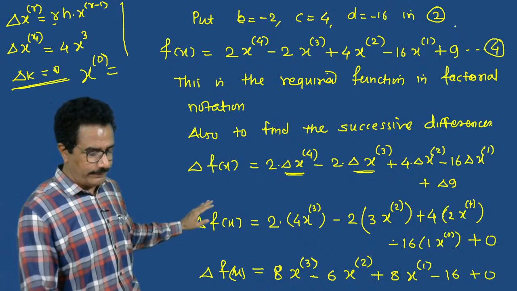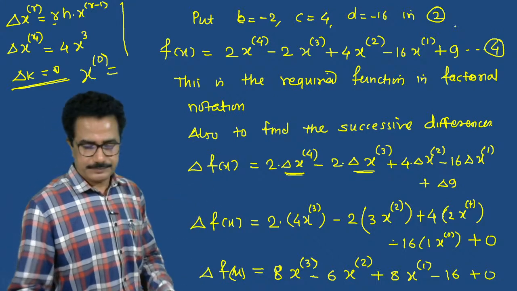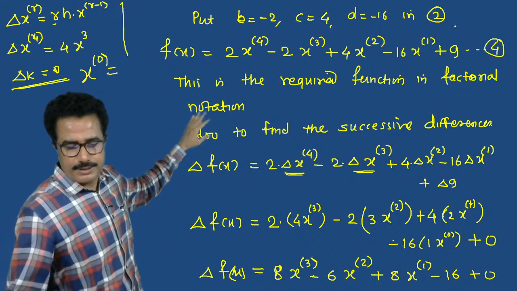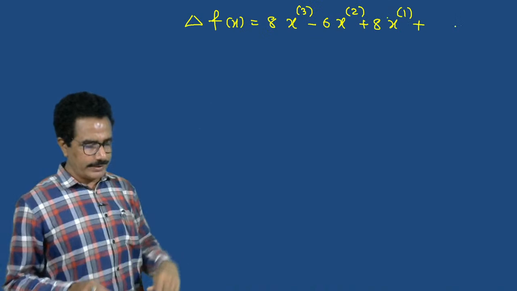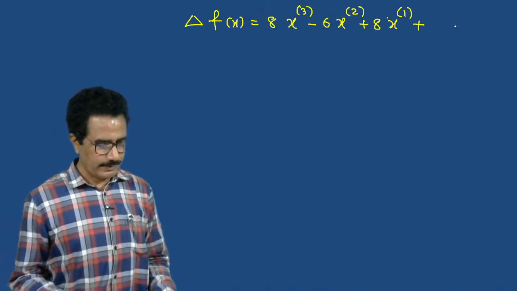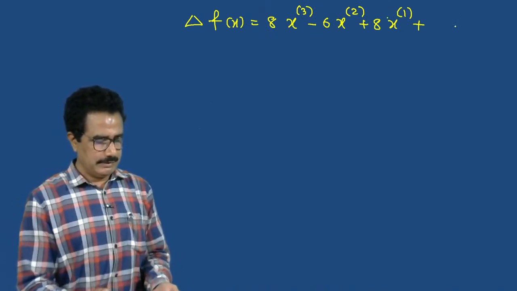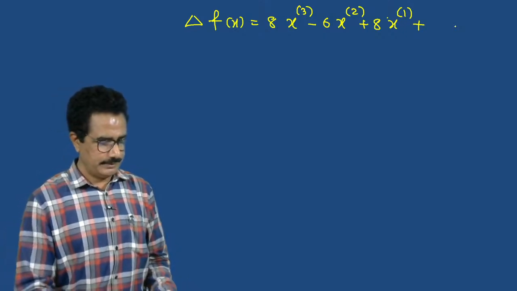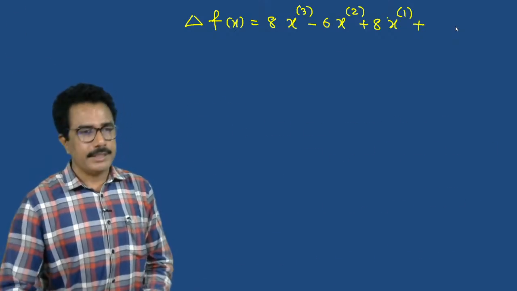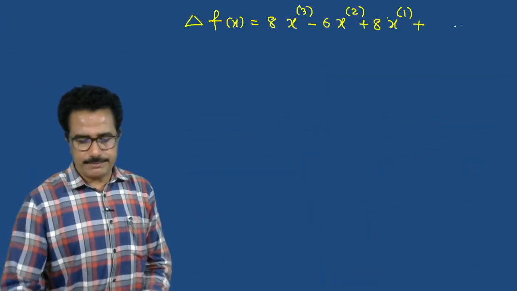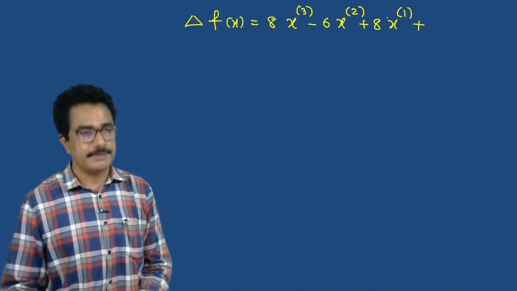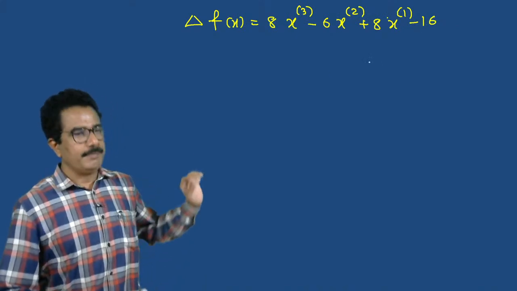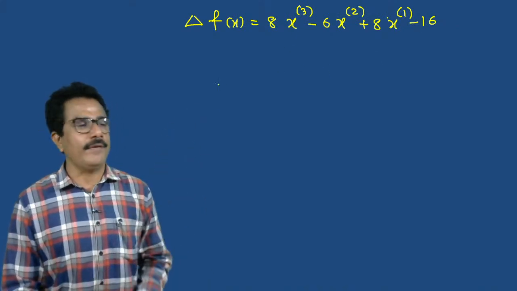The final value of the first difference is, this gives delta f of x is equals to, one minute. How much is it? It is minus 16, the last is minus 16. Now what to do, we have to find delta 2 f of x.